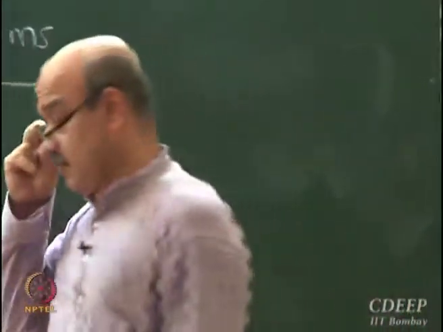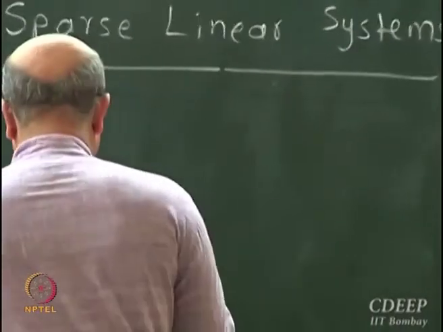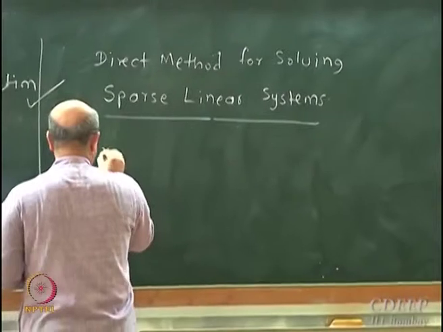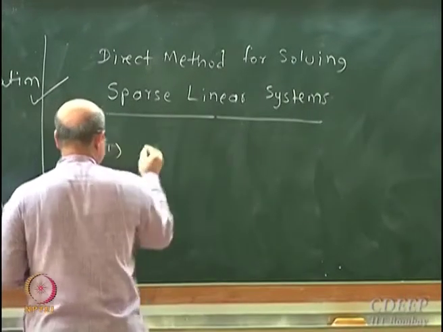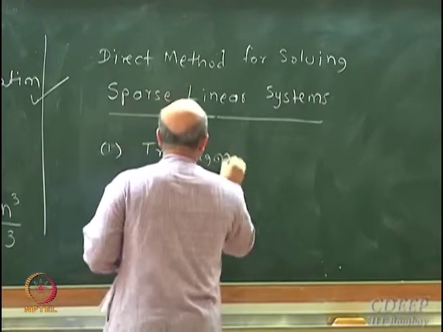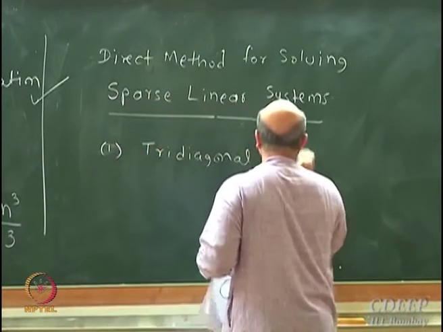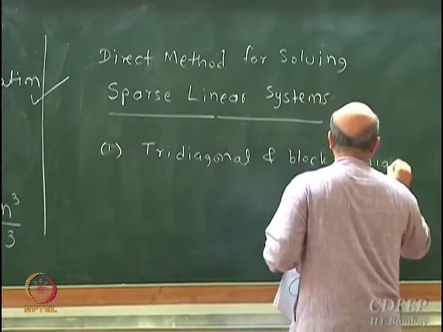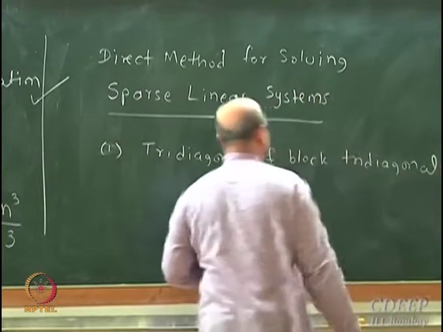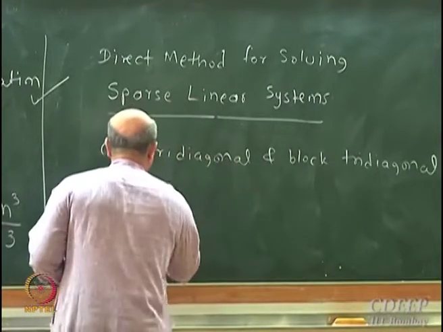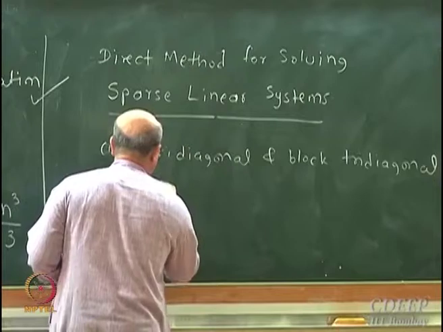What is this sparse matrix business? Okay, so we are going to look at some sparse matrices. This one is tridiagonal, and block tridiagonal matrices. We'll look at block diagonal matrices.